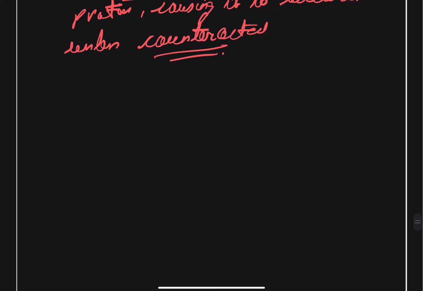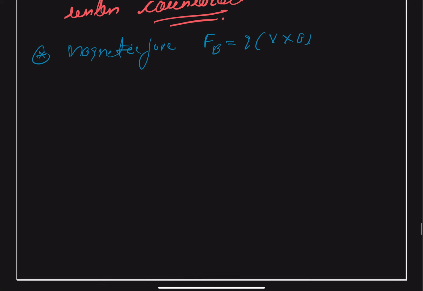Similarly, we can write for magnetic force, that is our Fb will be equal to Q V cross B. In this case, it will cause a change in direction.